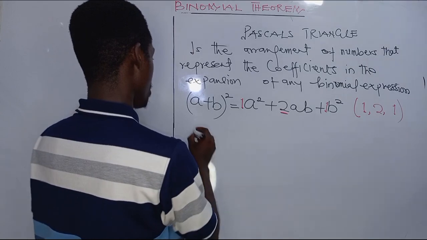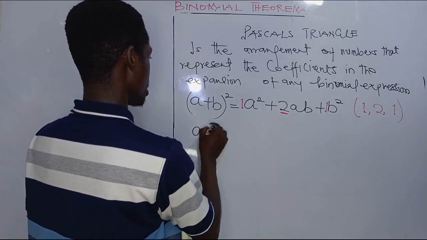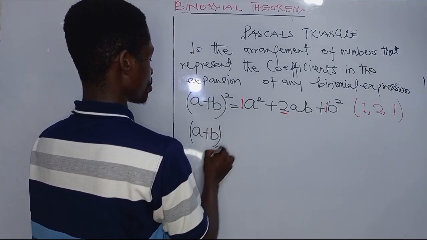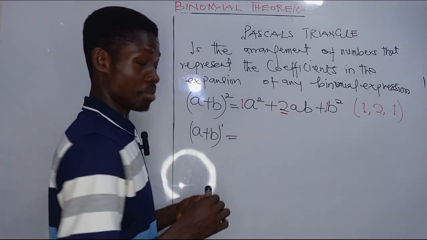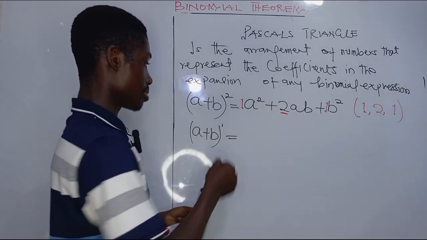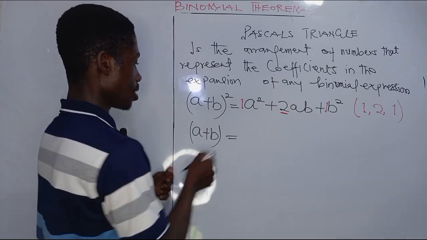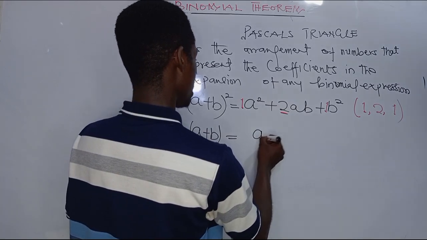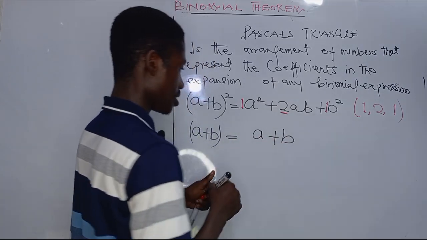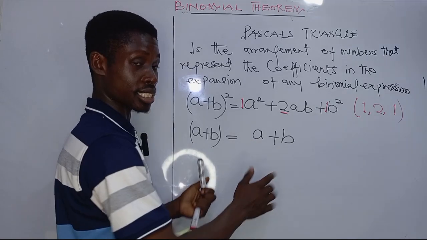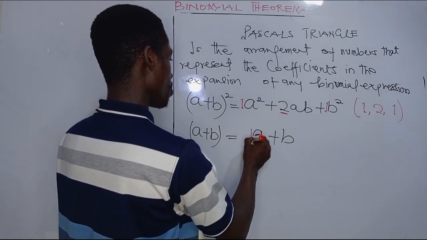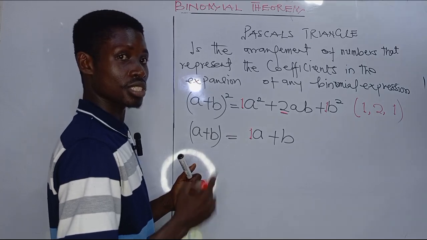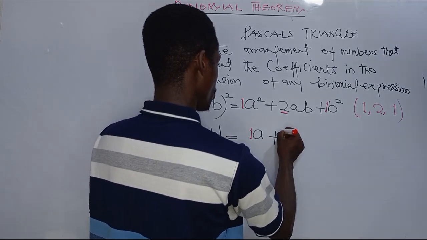Also, when you have a binomial expression, a plus b raised to the power 1, actually we don't write raised to the power 1. So when you expand this, you are going to get a plus b. What are the coefficients of this expansion? You know that every variable standing alone has 1 in front, but we don't write it. So we have 1, 1.